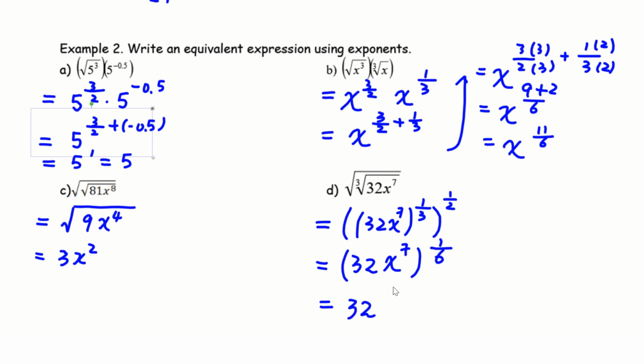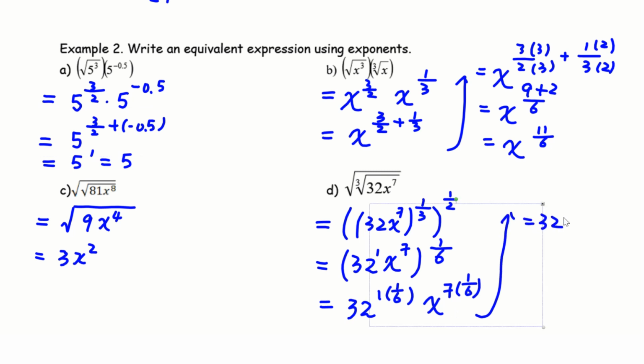So 32 to the exponent 1 times 1 over 6. Then x to the exponent 7, the exponent times 1 over 6. Then equals 32 to the exponent 1/6 times x to the exponent 7 over 6, numerator times numerator, 7 times 1 is 7, 1 times 6 is 6.